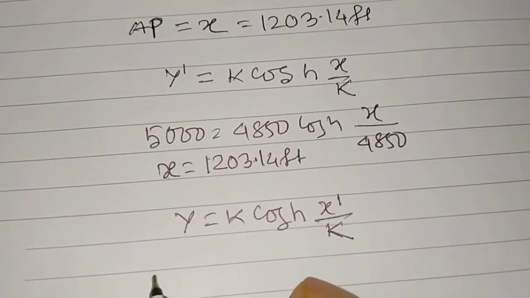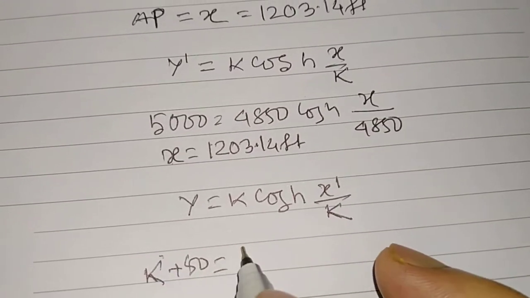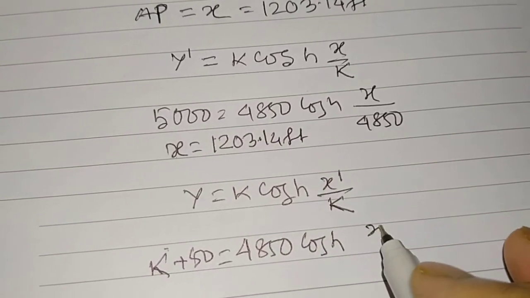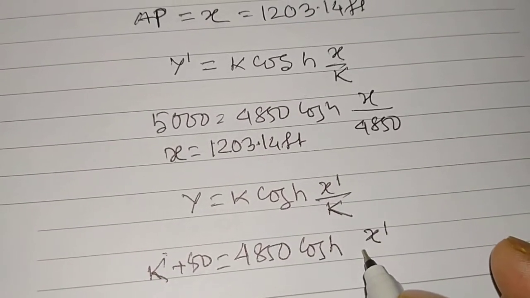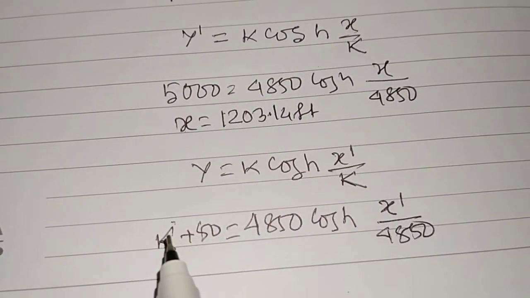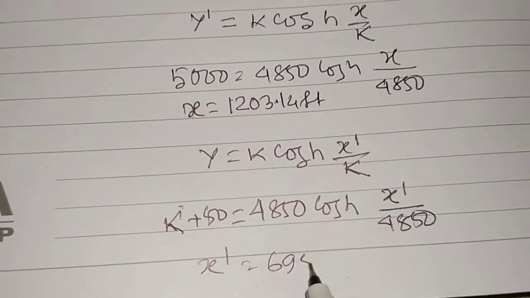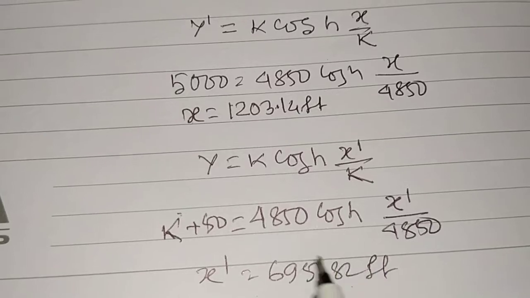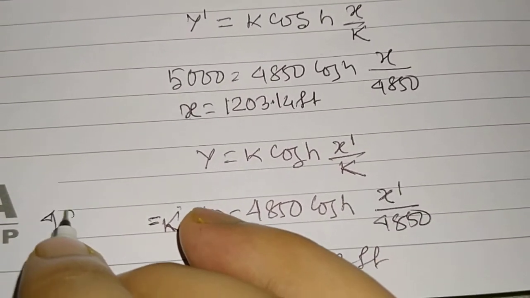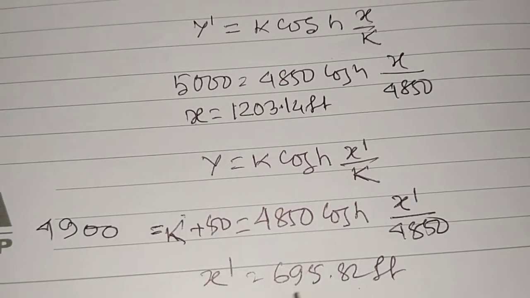So we can write y equals k plus 50, and k is 4850, cosh of x prime by 4850, with x prime to be determined. By solving this we can write x prime equals 695.82 feet. Here k plus 50 is equal to 4900. So x prime equals 695.82 feet.